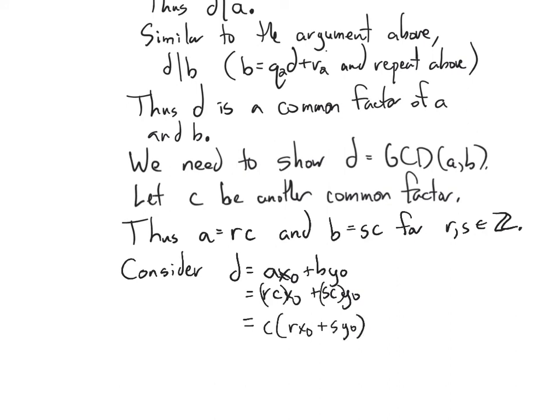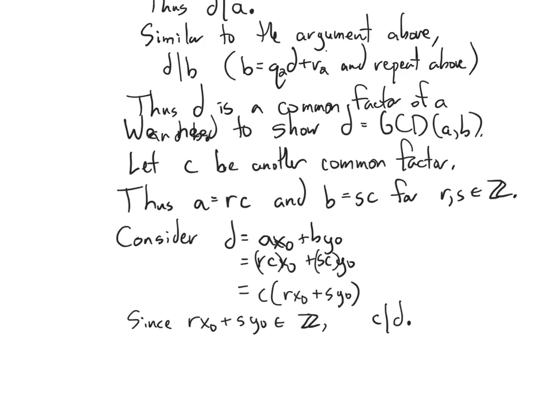But what did we just do? We wrote D as C times some integer. So since RX naught plus SY naught is an integer, we know that C must be a factor of D. So we just picked another common factor, and we showed that it's always a factor of D. So what does that mean?